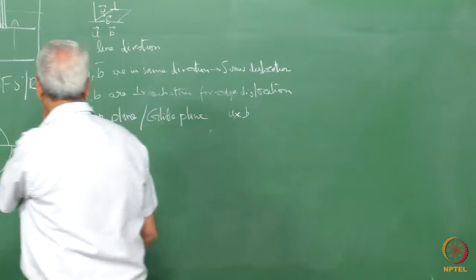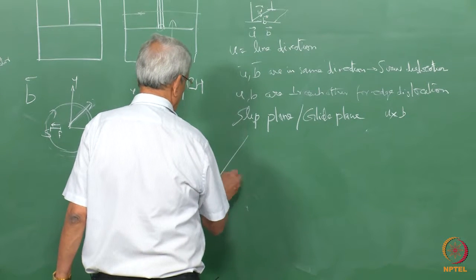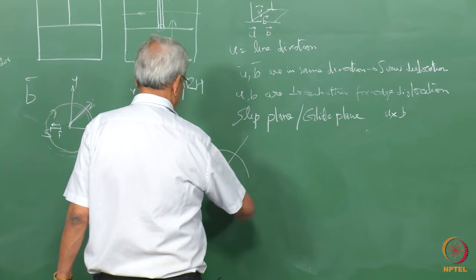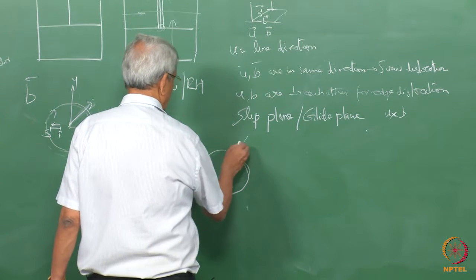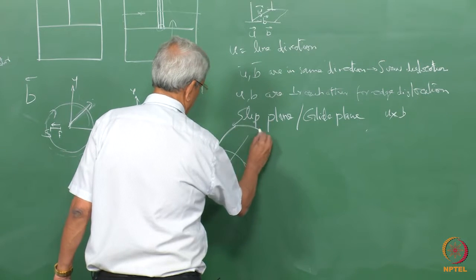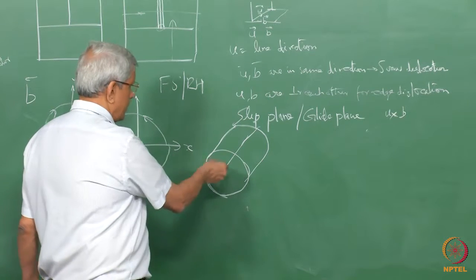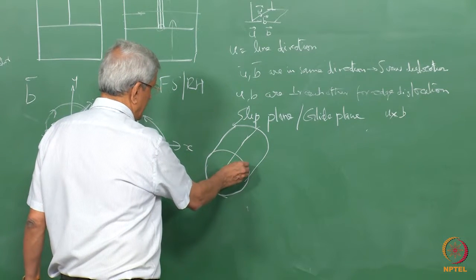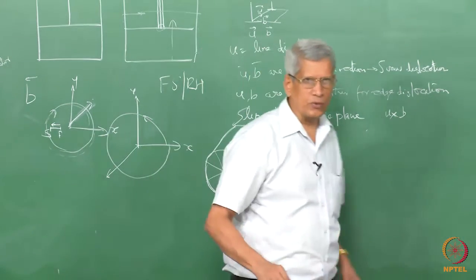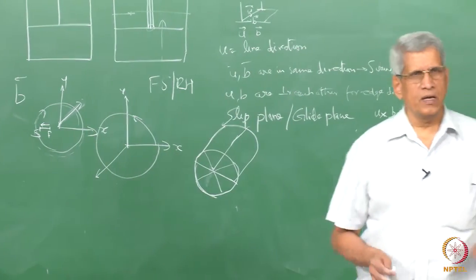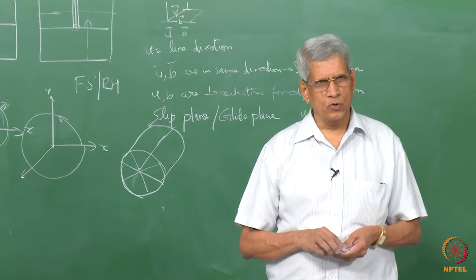That means if a screw dislocation is there, any plane around this, either this plane or this plane, any of these planes which are cutting through that, all of them are potential slip planes for a screw dislocation.